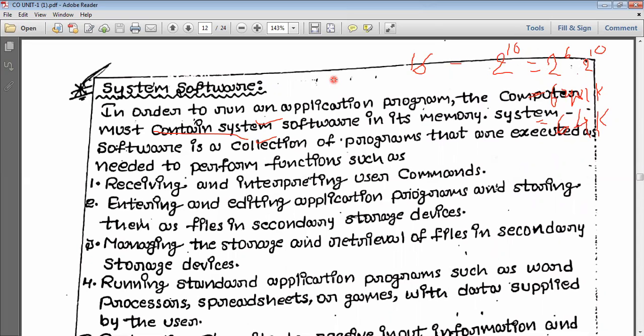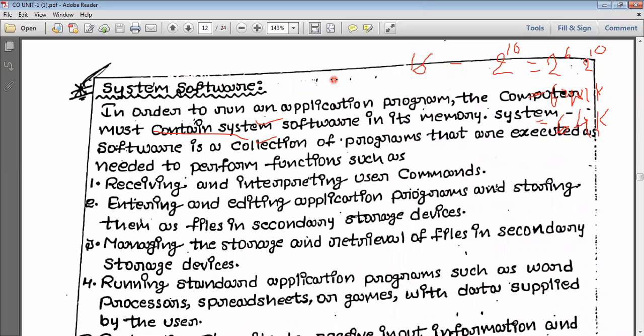Next, application software: suppose we want to create some Excel sheet, then MS Office must be loaded in the computer, only then we can create the Excel file. Without MS Office, can you create an Excel file, Word file, or PowerPoint presentation?